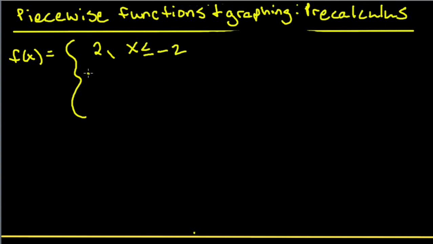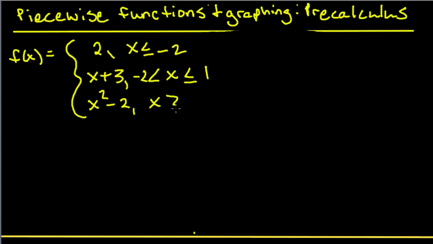We're going to have the function x plus 3, and this is when x is greater than negative 2 but less than or equal to 1. And let's have the parabola x squared minus 2 when x is greater than 1. Okay, so this one's a little bit more complicated. So let's go over to the side here.